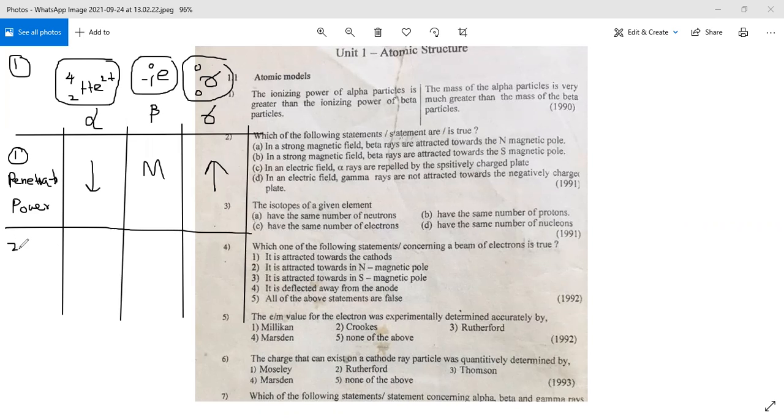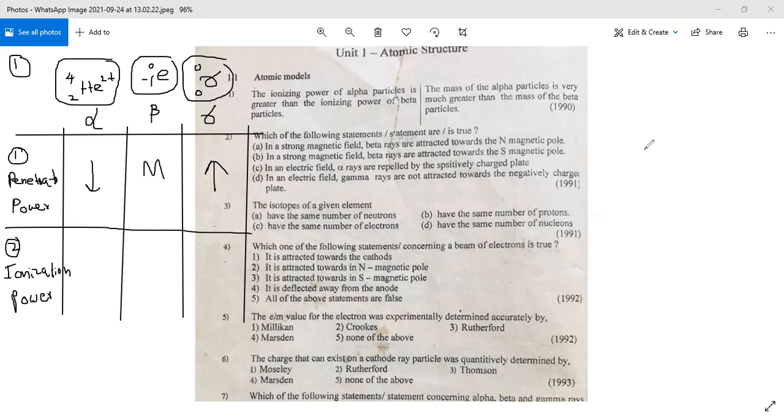Number two, ionization power. You know what is ionization? Colliding with an atom and releasing electrons from it.